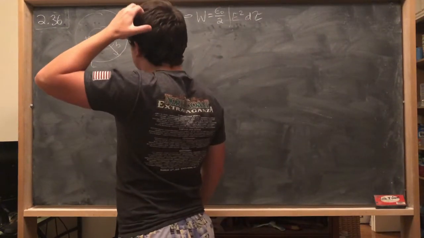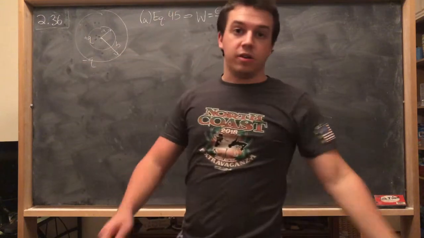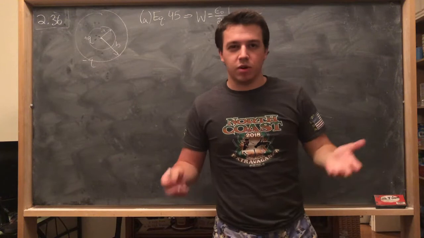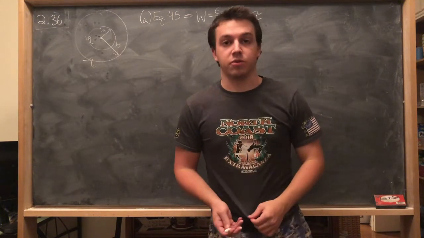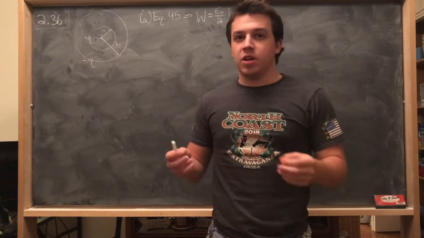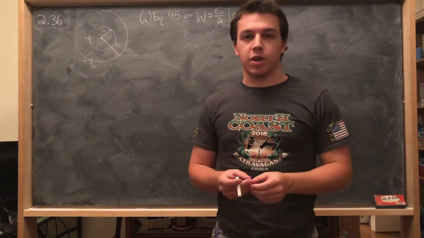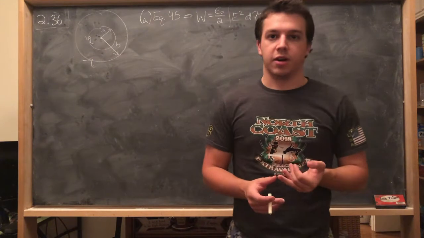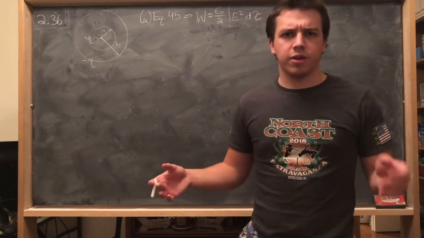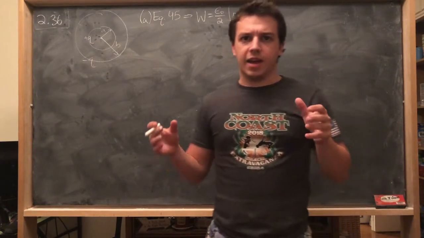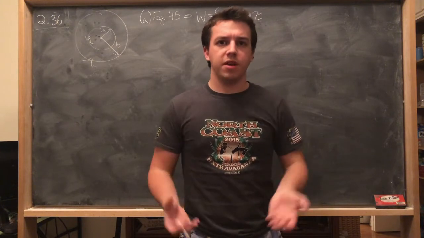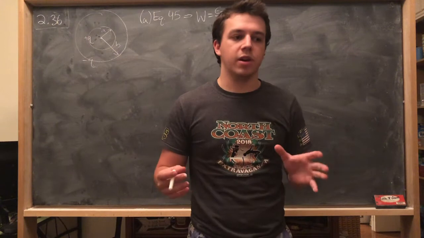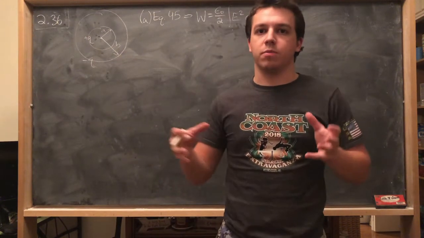Now, there are a couple ways that you can calculate the electric field, and that's an important thing to keep track of as you go through chapter 2 of Griffiths: there are different ways to calculate different quantities, be it the electric field, the potential, or whatever it is. Based on what quantities you have available to you, the electric field, the charge distribution, the potential, whatever, that gives you the license to go back and forth between those.